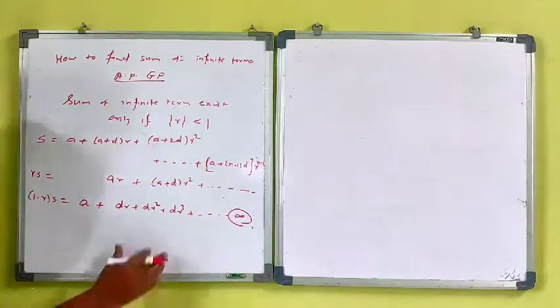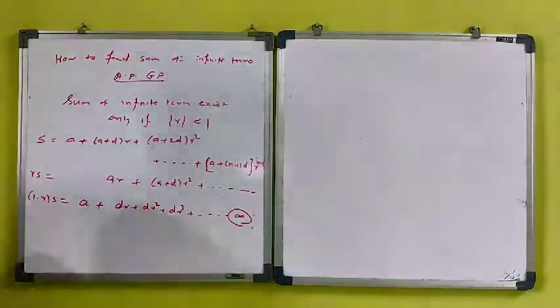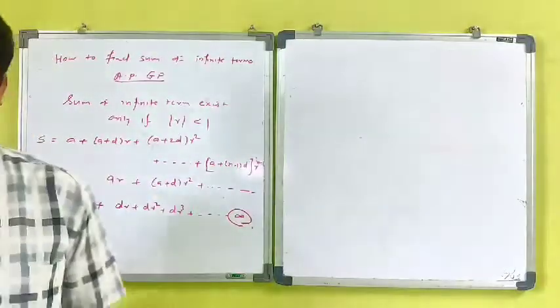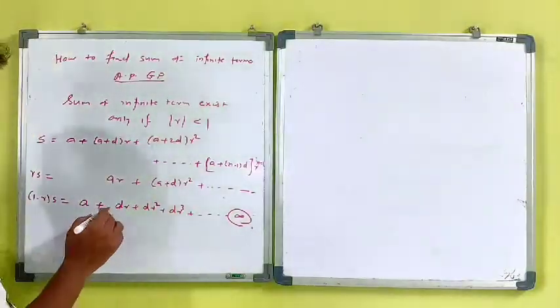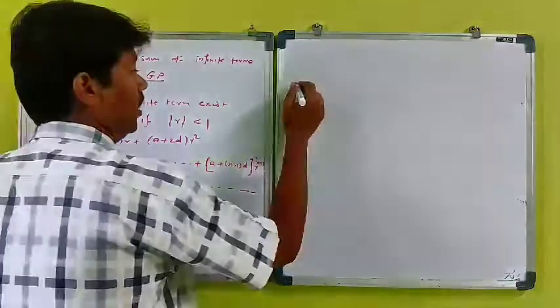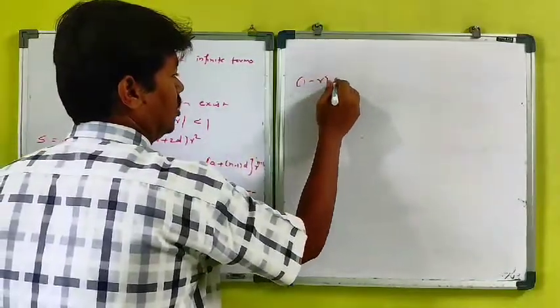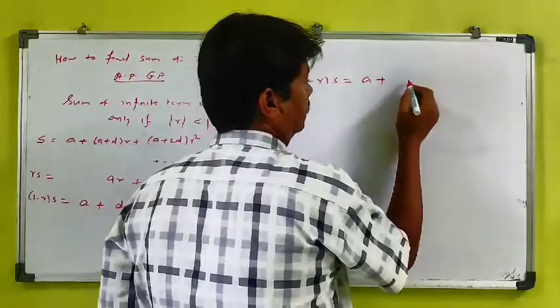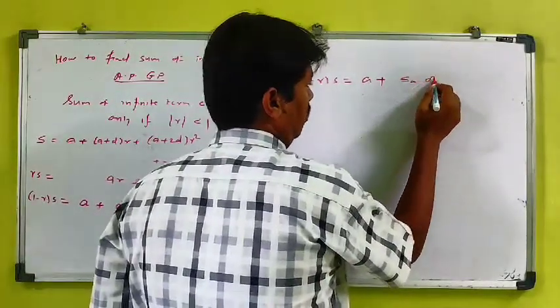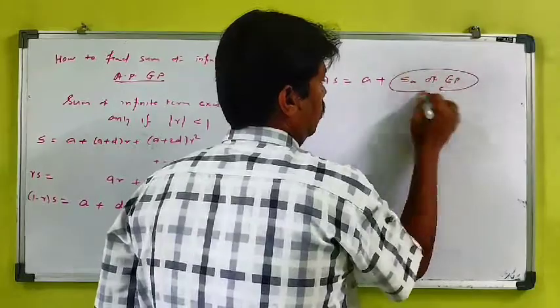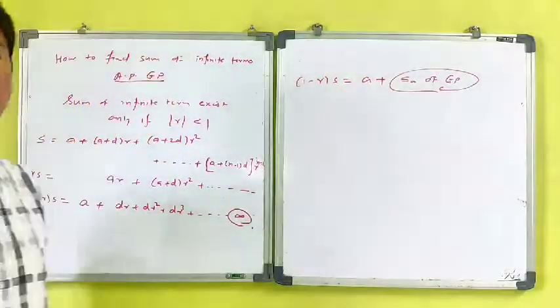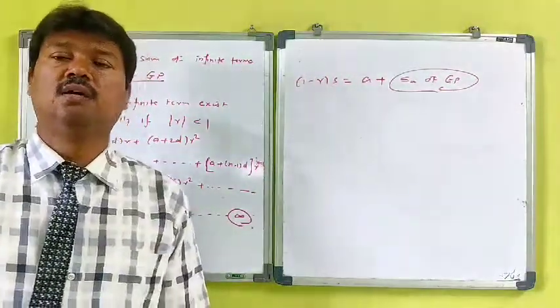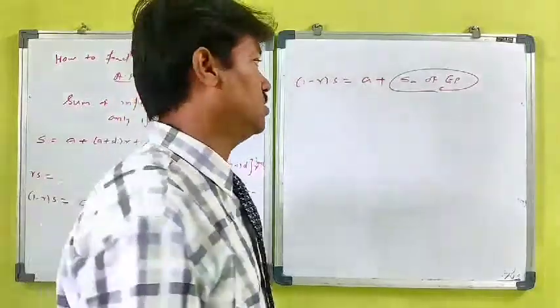infinity. So here we will use the infinity formula, so what will the answer be? (1 minus r) into s equals a plus, using the formula S infinity of GP, which is nothing but the first term divided by 1 minus common ratio.